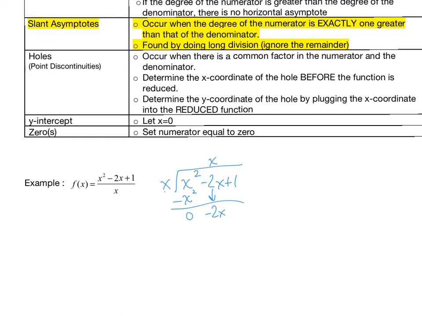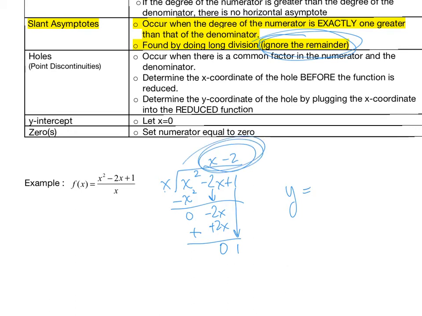Now I need x to go into negative 2x. I can multiply by negative 2, which gives me negative 2x. When I subtract and bring down, I have a remainder of 1, but if you look up at the top, it says to ignore the remainder. So this slant asymptote is exactly what you see up here. It is y equals x minus 2.